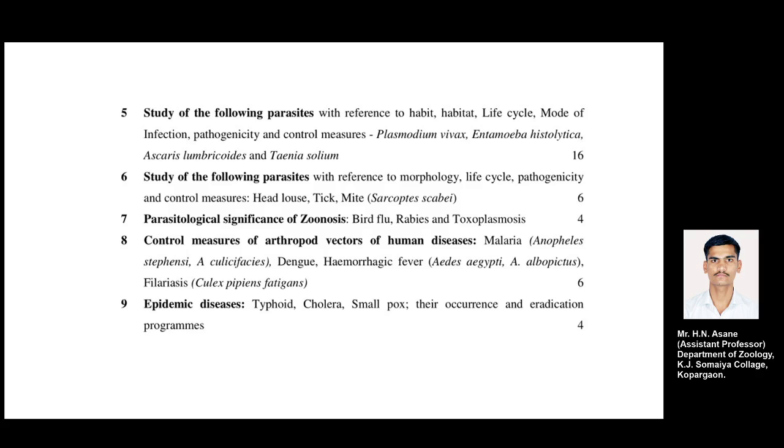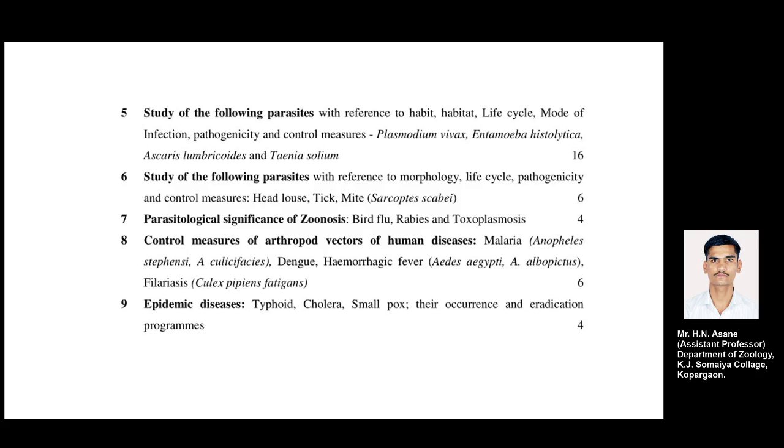This is a bisexual animal, and we will see the male reproductive system as well as the female reproductive system, and the life cycle in man as well as the life cycle in the pork. The pork is nothing but the meat of the particular animal known as the pork.